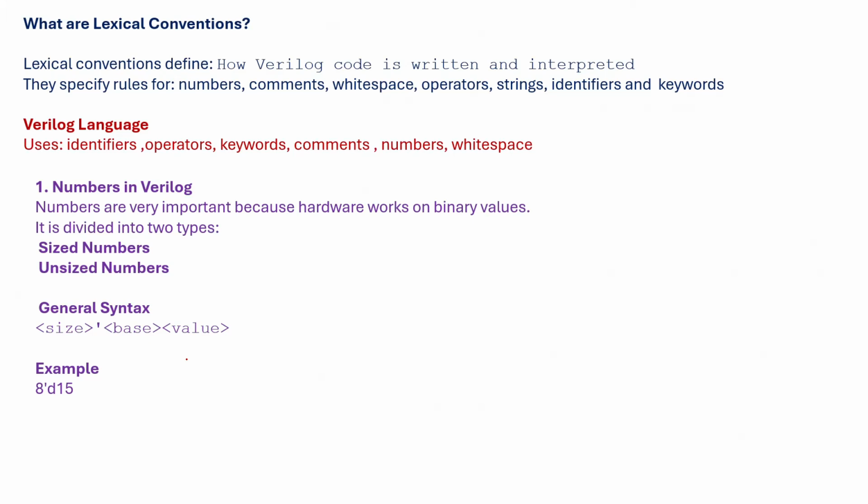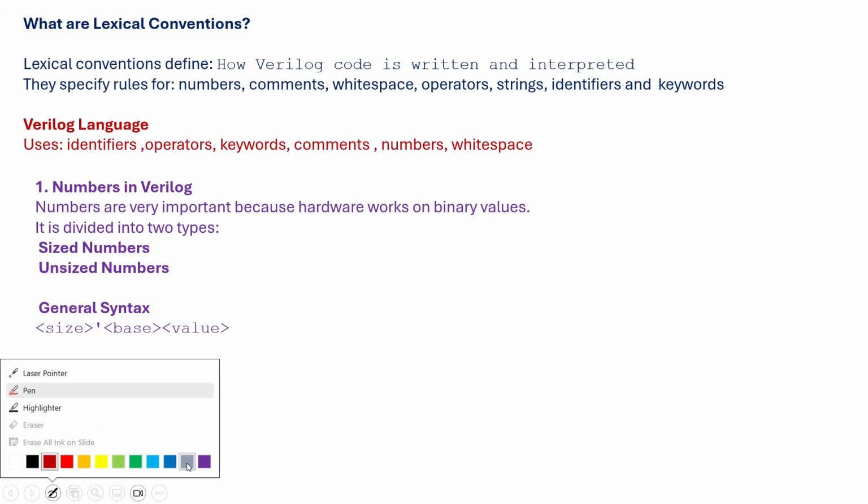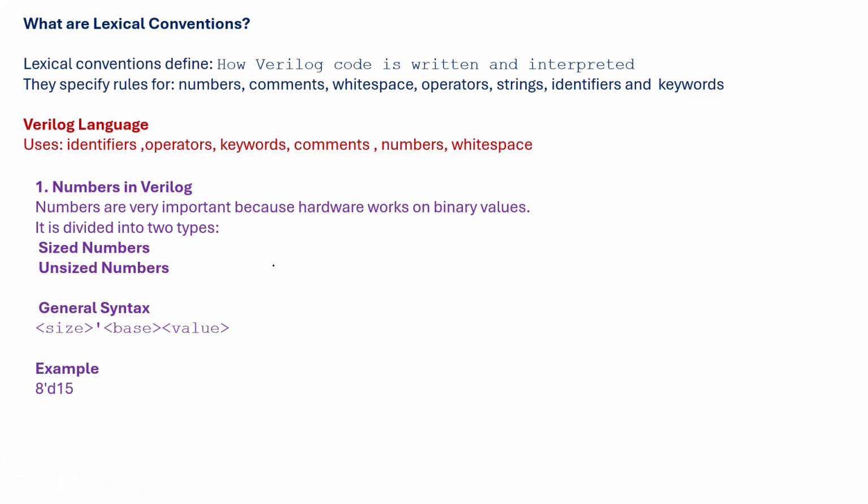Numbers are very important because hardware works on binary values only, right? Whatever binary values we are giving, it is working on them. Suppose I want to drive one number here. That number may be a binary, hexadecimal, decimal or octal number, whatever it may be.